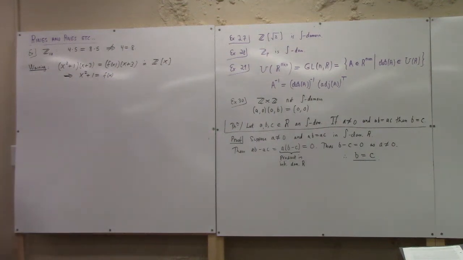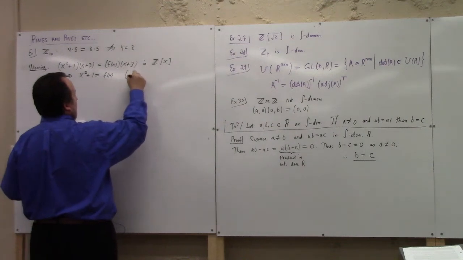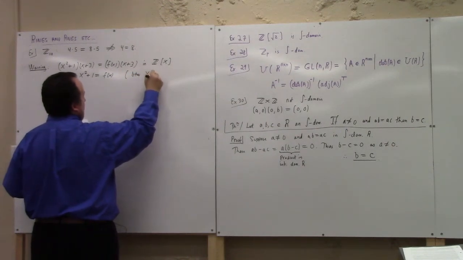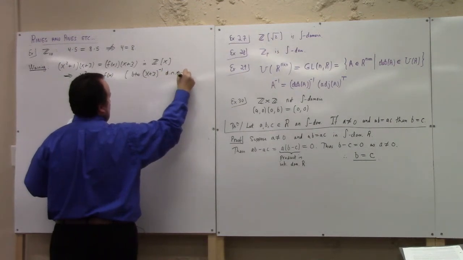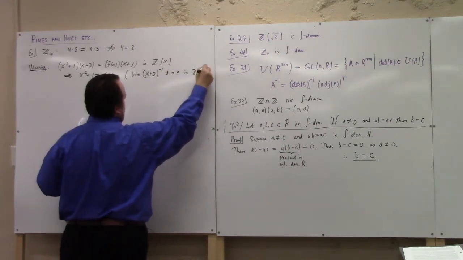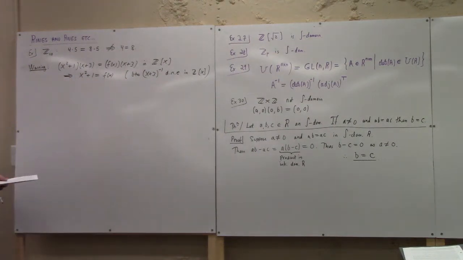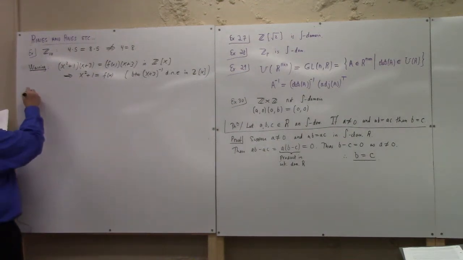But that's not because I'm multiplying by x plus 3 inverse, right? X plus 3 inverse does not exist in Z adjoin x. If there is an inverse to x plus 3, it's not in Z. It's not a polynomial with coefficients in Z. It's somewhere else. Okay? Just a cautionary tale.